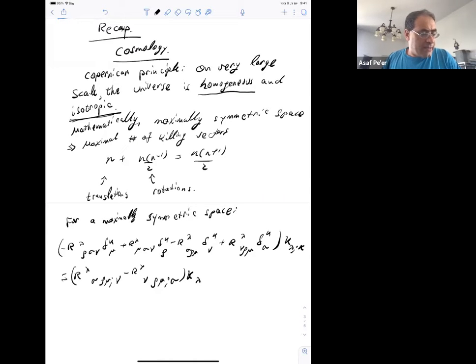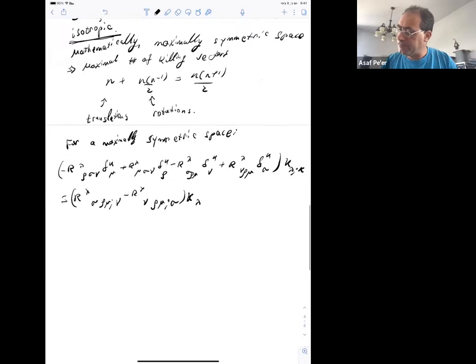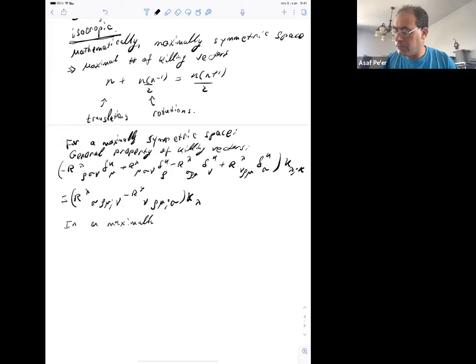But in a maximally symmetric space, we have k lambda equal to 0 and k lambda nu equal to minus k nu lambda.